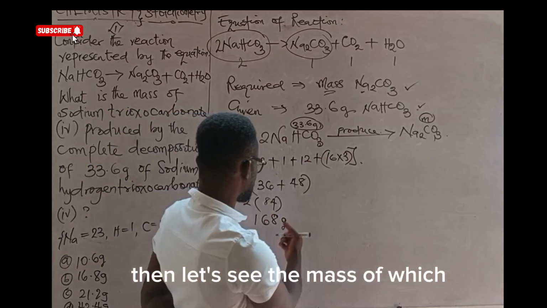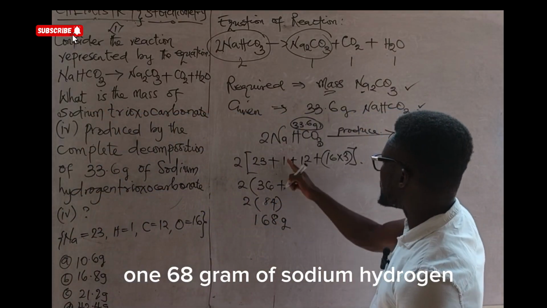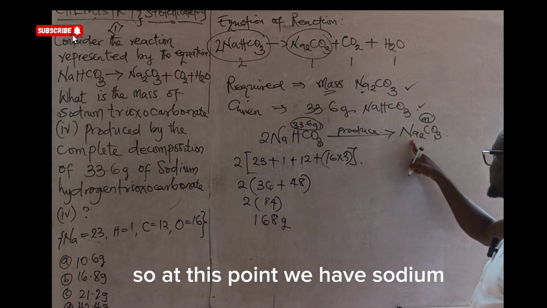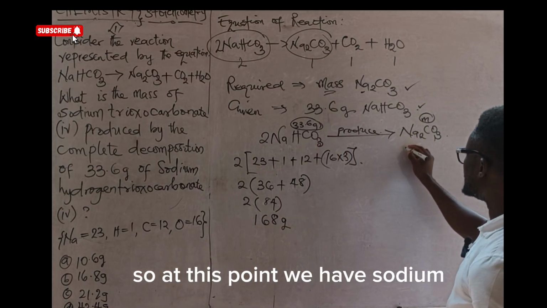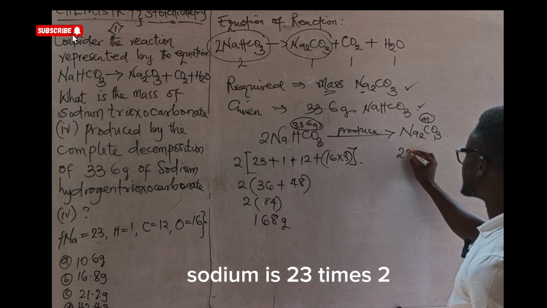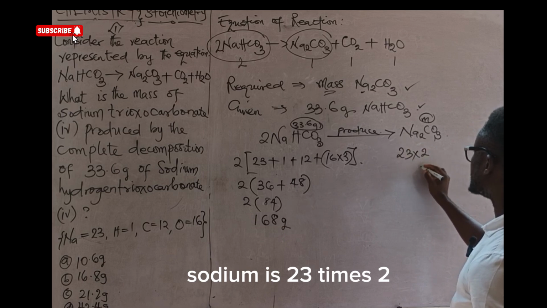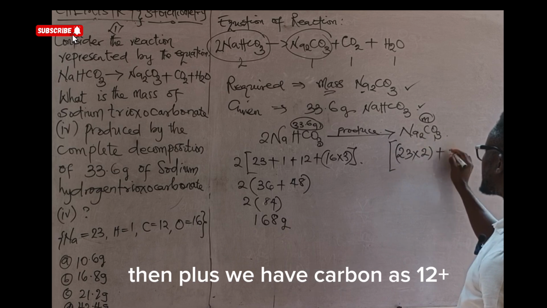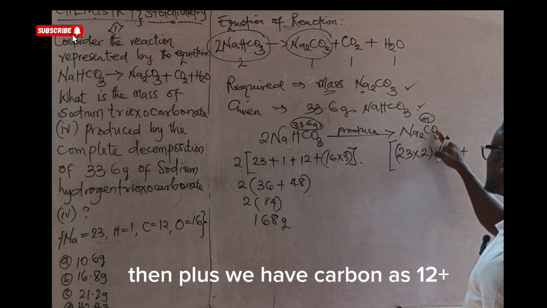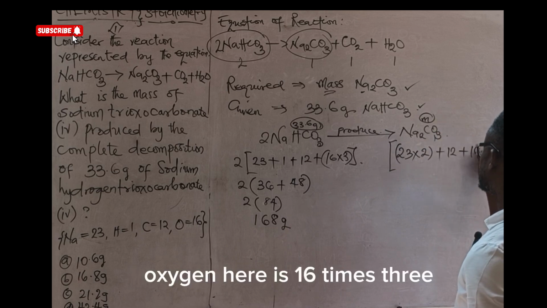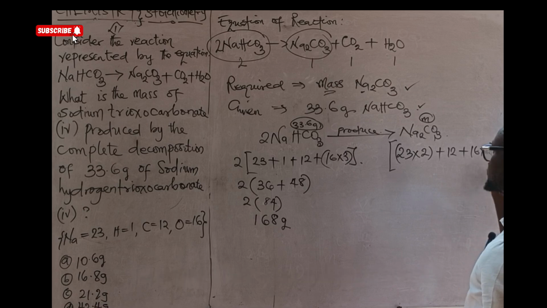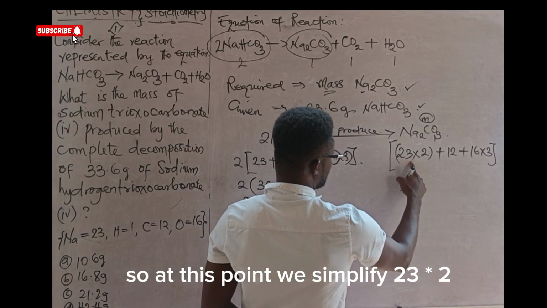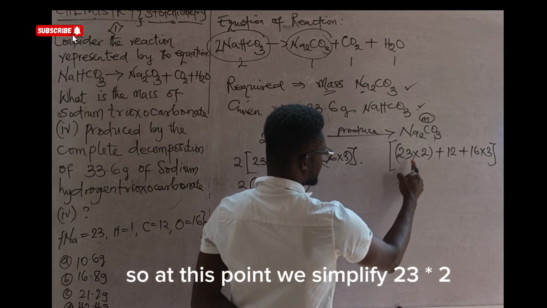Then let's see the mass of sodium carbonate which 168 grams of sodium hydrogen carbonate will produce. So at this point, we have sodium. Sodium is 23 times 2. Then plus, we have carbon as 12 plus oxygen here is 16 times 3. So at this point, we simplify 23 times 2.